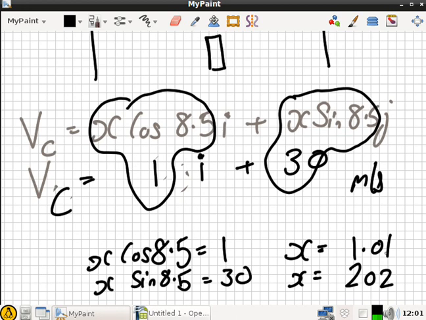So this is actually being much more difficult. 202 seems too big. 202, yeah. x is 1.01.